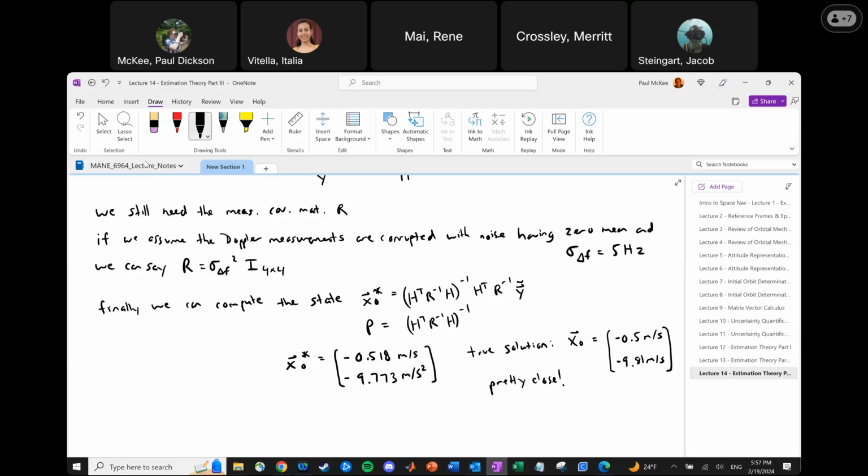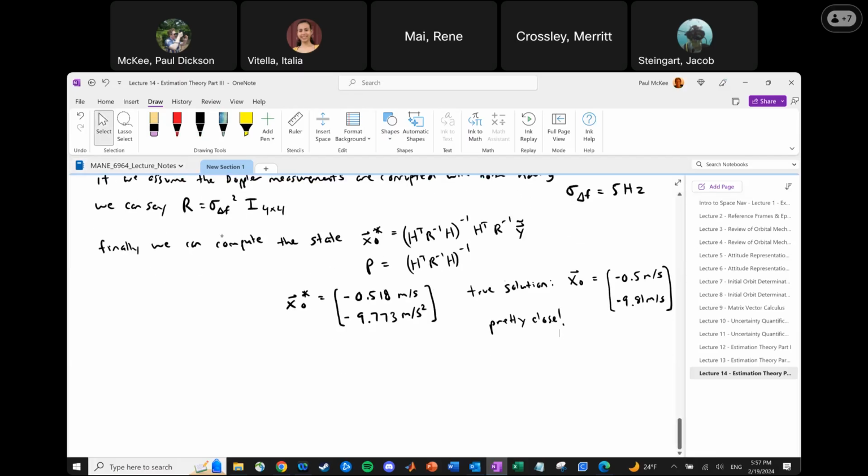We can also say that our covariance P is equal to, okay, here comes some numbers: 5.8 times 10 to the negative 4, negative 7.8 times 10 to the negative 4, negative 7.8 times 10 to the negative 4, and 1.3 times 10 to the negative 3.